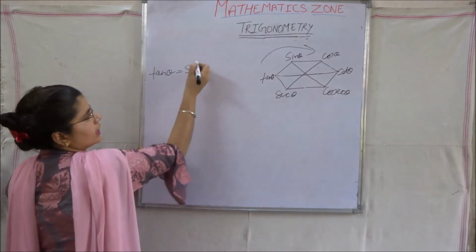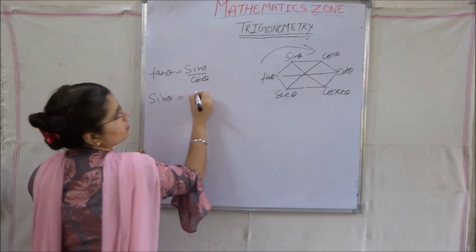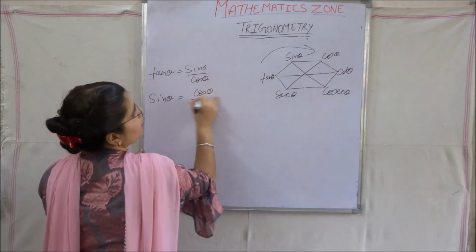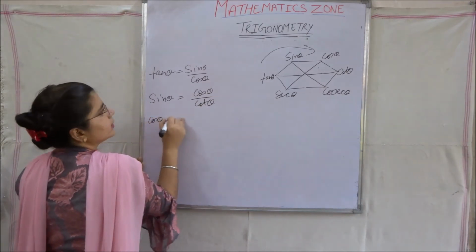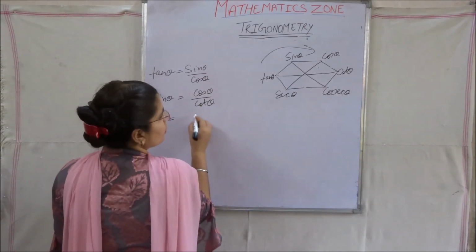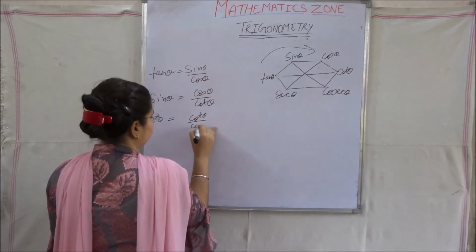Tan theta is sin theta upon cos theta, sin theta is cos theta upon cot theta, cos theta is cot theta upon cosec theta.